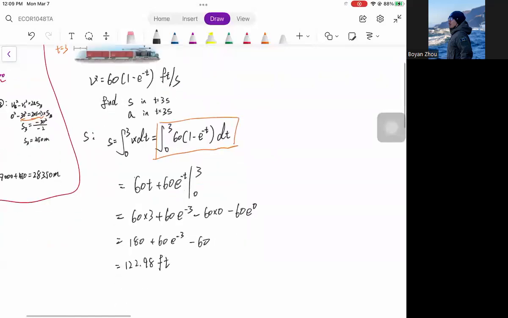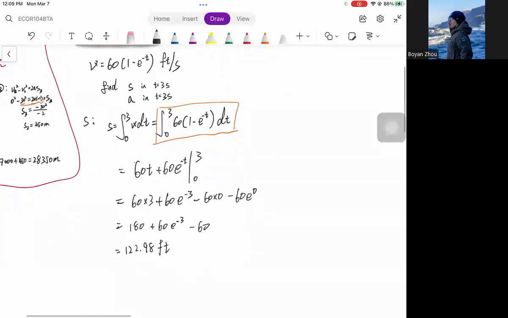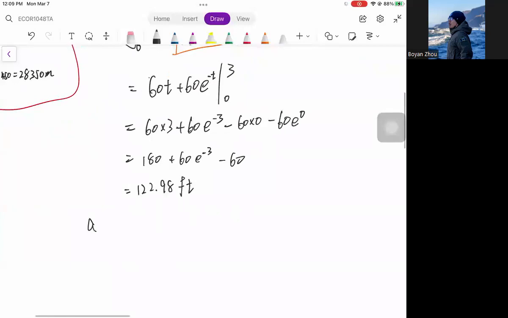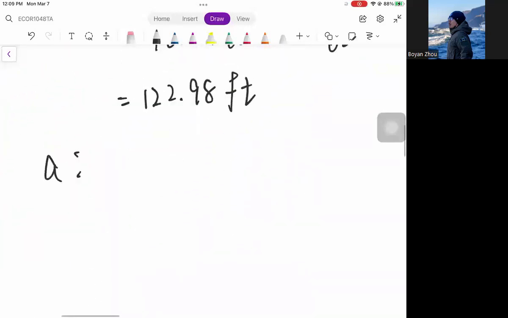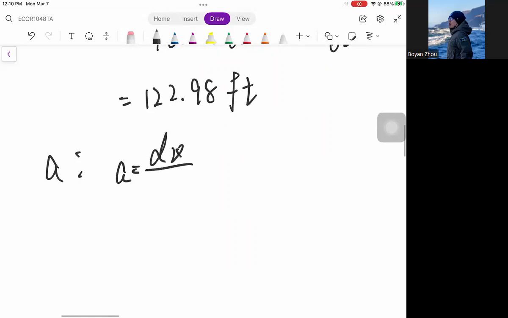And the next one is finding the acceleration. It's going to be pretty similar. The acceleration is the derivative of velocity over time, so a is equal to dv over dt.